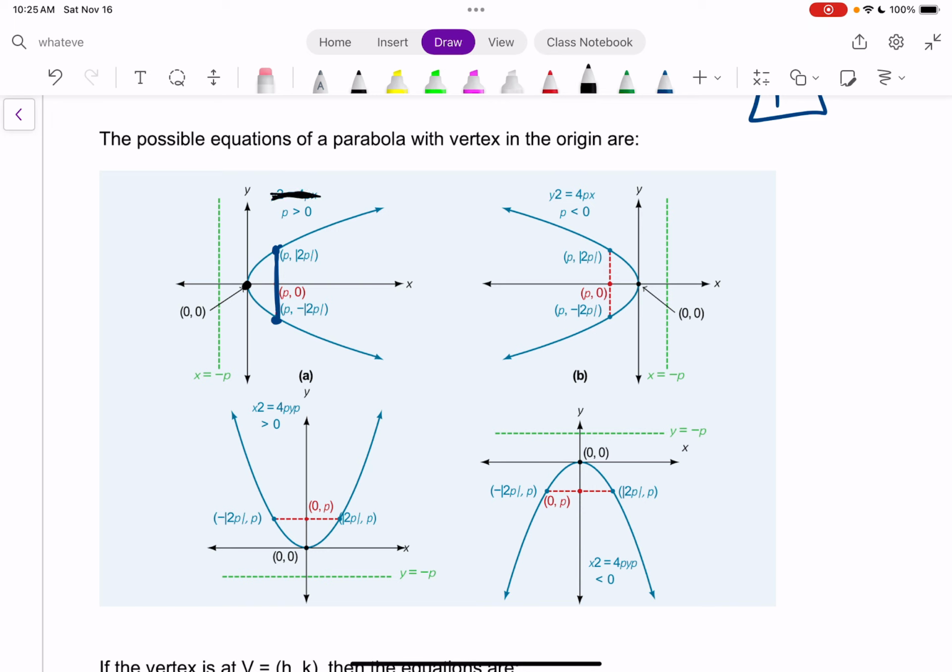The equations of the parabolas are going to be y squared equals 4px, where p is, again, that distance between the vertex and the focus, that focal distance, okay? And then the 4p is, again, really the length of this latus rectum. That's kind of where that 4p is coming from.